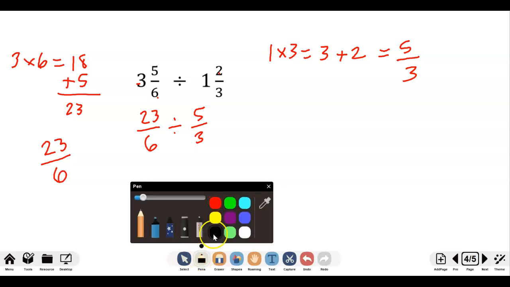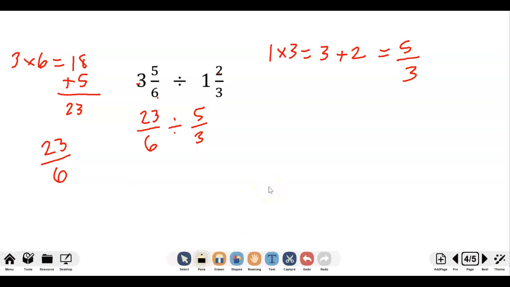But remember, we want to do our keep it, change it, flip it. So we're going to keep the first one, 23 sixths. And we're going to change the division to multiplication. And then we're going to flip this last fraction. Instead of 5/3, it's going to be 3/5.